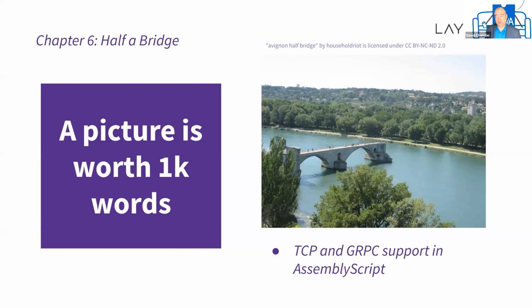So maybe it's impossible. It's not, it'd be a lot of work. So it doesn't exist. If you want to do gRPC, you should probably use C++. Maybe you can do it in Rust. Maybe you can do it in TinyGo. I wouldn't do it in AssemblyScript because you'd have to write your own support for that. But TCP, it works very well. Next slide.